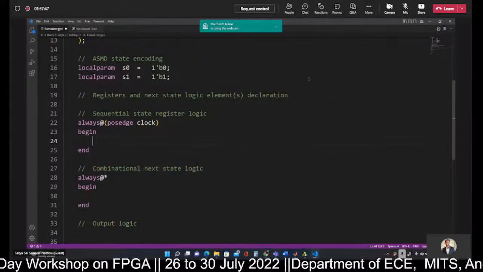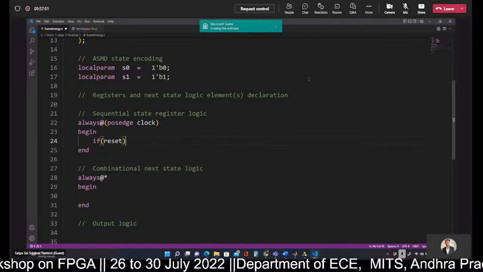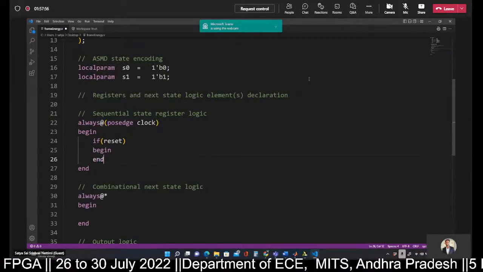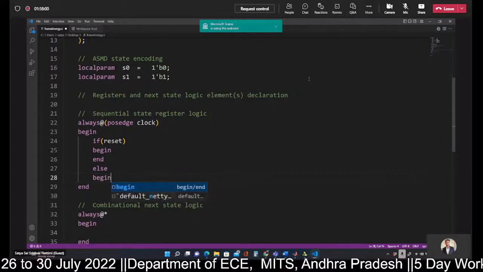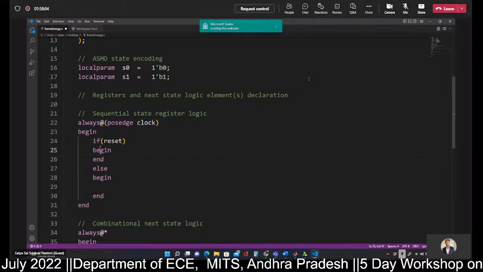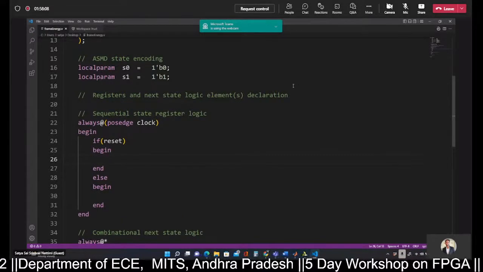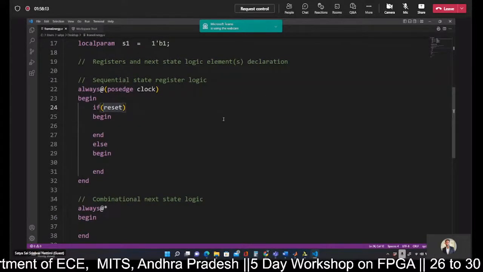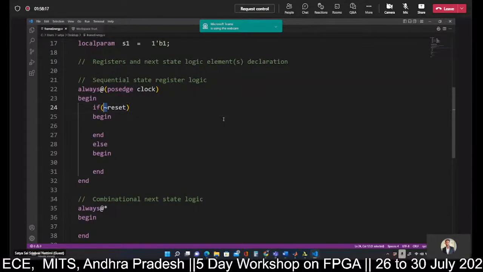So for that purpose, what we have to write: if reset is coming, what it needs to do, begin, else if no reset is coming, what it has to do, begin and end. So this is the case. But for time being, we will take active low reset. That's why I will keep it as tilde. Why?